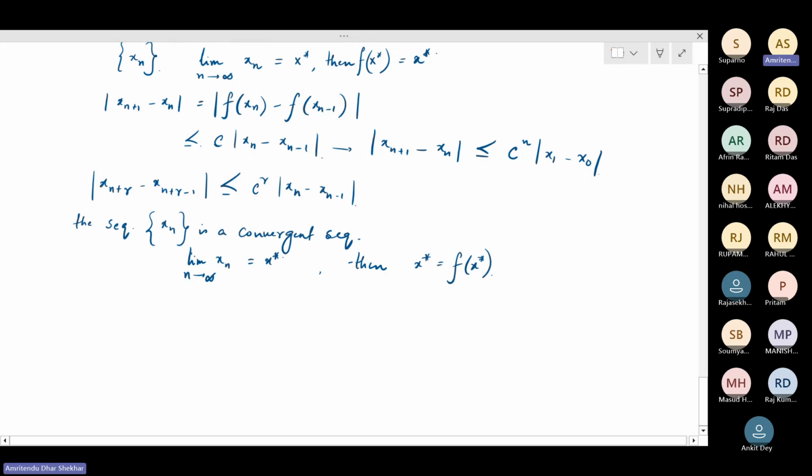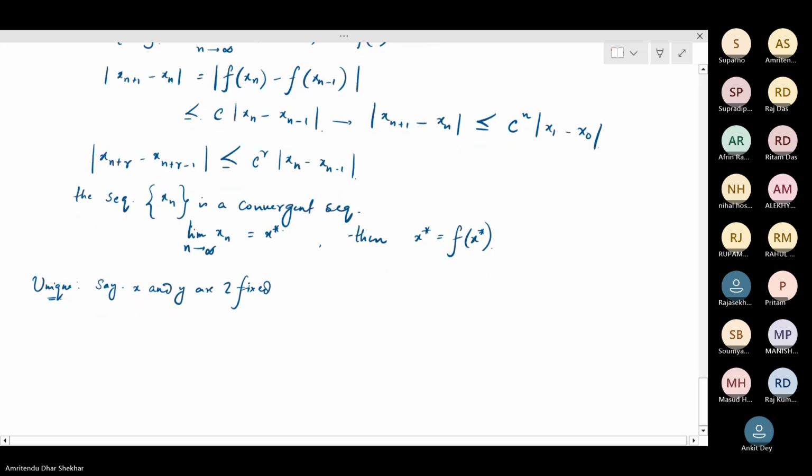And why is this unique? Because let's say you have two fixed points, then the modulus of f of x minus f of y is less than or equal to c times the modulus of x minus y.